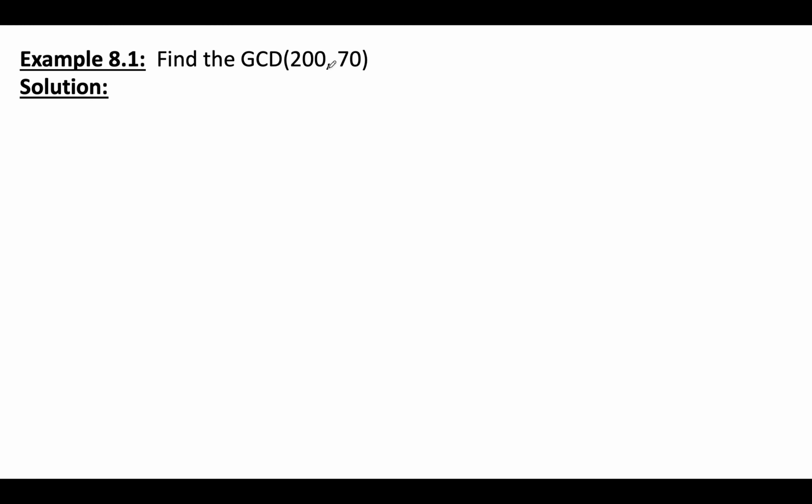We need to find the GCD between 270 and 200. We keep in mind that if we reach GCD of x and y where y is equal to 0, then the GCD is x.